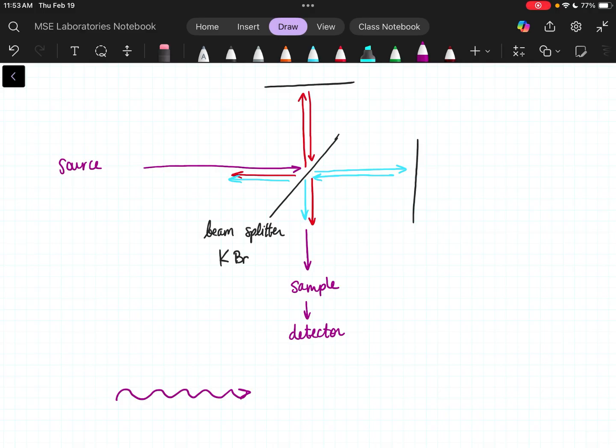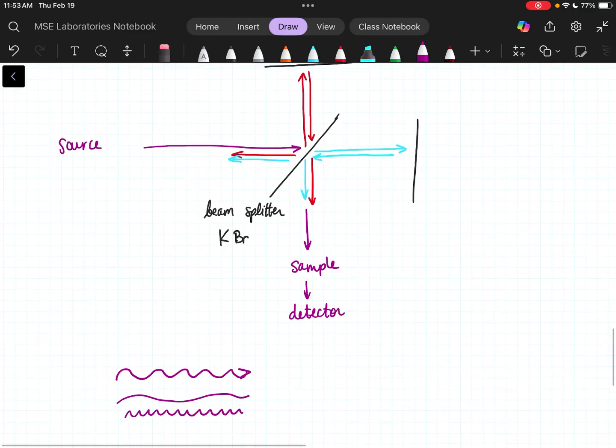Now, I've drawn all of these as straight lines, right? But we know for a fact that light, instead of just being a straight line of nothingness, has some wavelength. And this is a full IR source, which means I have a little bit of this wavelength, and a little bit of this wavelength, and a little bit of this wavelength.